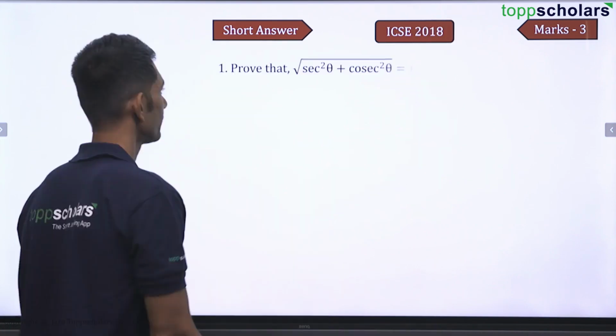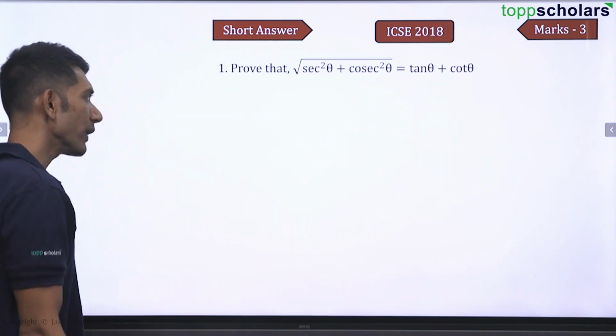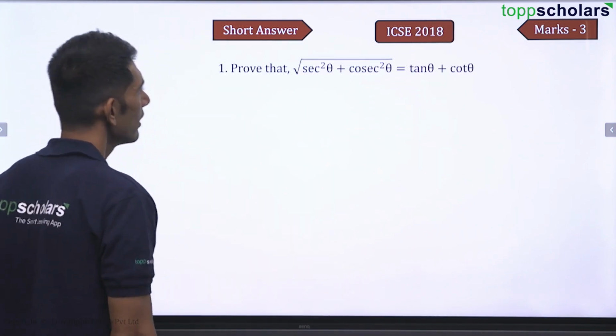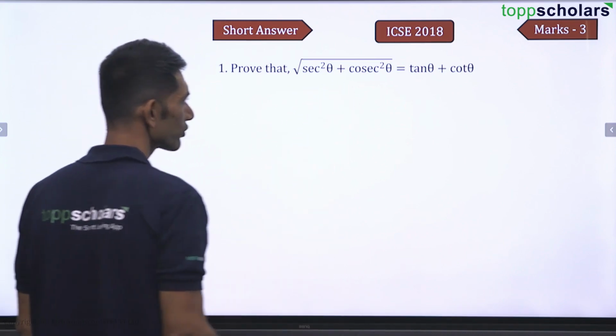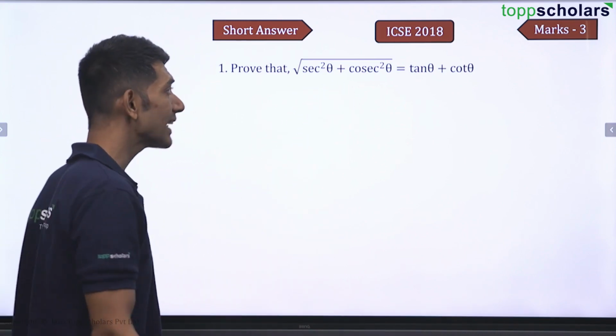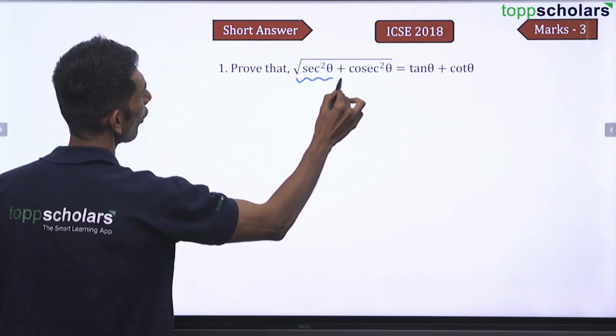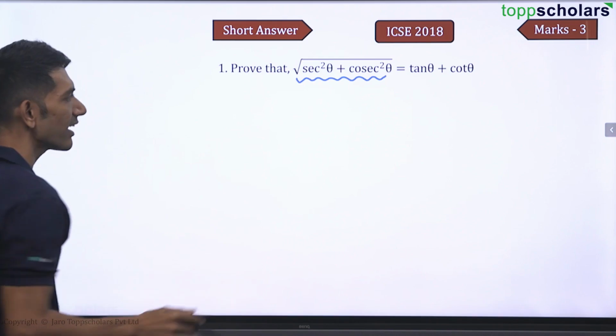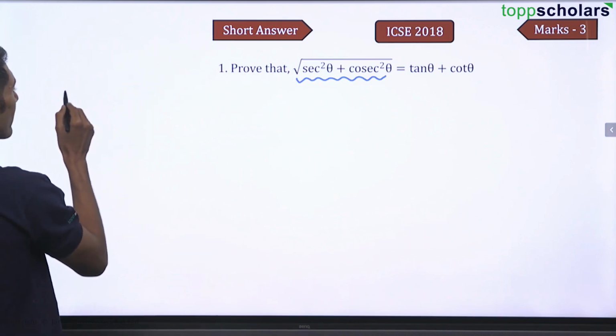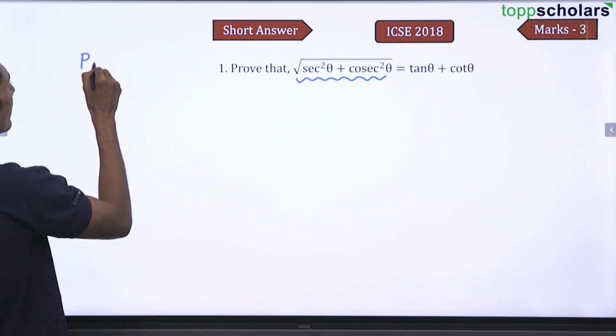So let us see. Prove that under root of sec square theta plus cosec square theta is equal to tan theta plus cot theta. Whenever they tell us to prove something, we'll always start with the LHS or with the RHS. Here, it's better we start with the LHS. So I'm beginning with the proof.